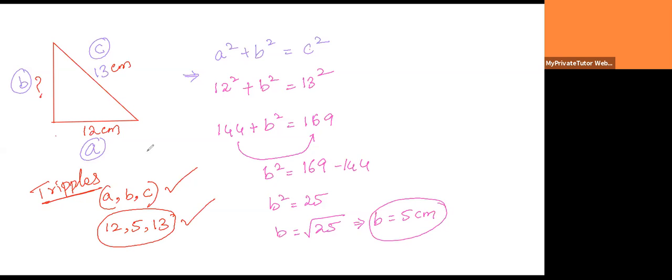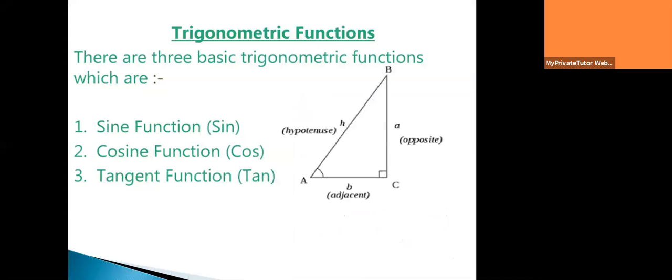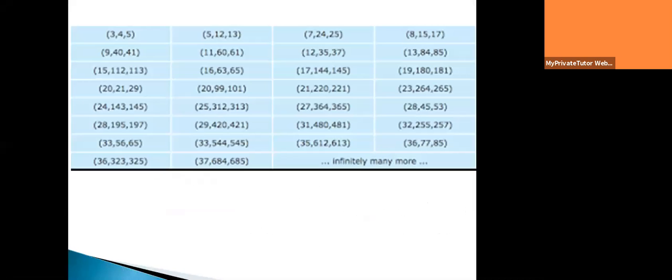So if we take other values, sometimes we might end up getting a decimal answer or a square root answer. But we have only a few Pythagorean triples. Let me share that.